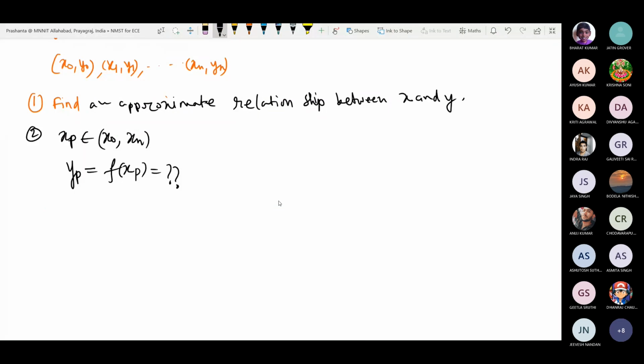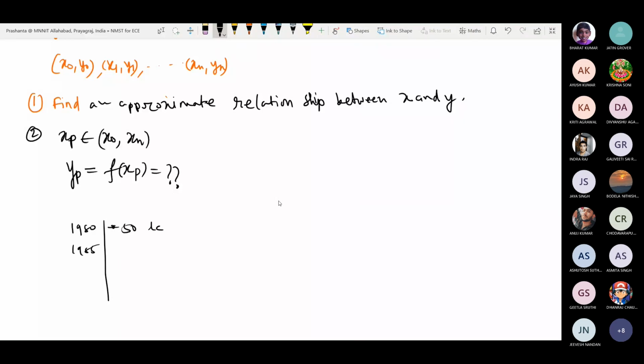Suppose you know the population in a city in different years, counted at 5-year intervals. Suppose in 1980, the population in a city is 50 lakh.